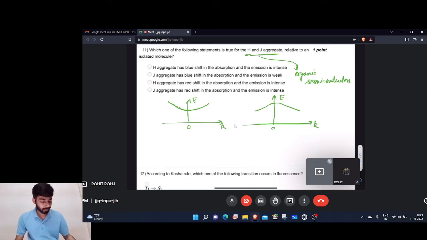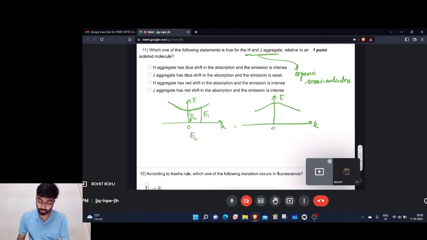Now if we excite this system, let's say I excite this system to this energy, giving E1 as the initial energy, then thermalization will occur and the system will come down to a lower energy state, and a vertical transition will occur with lower energy, let's say E2.